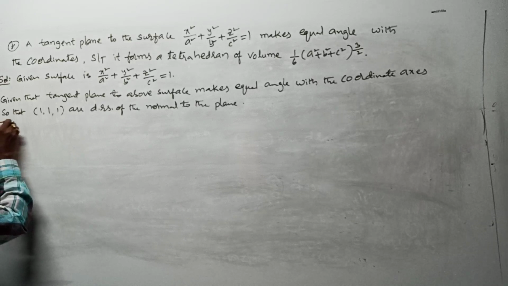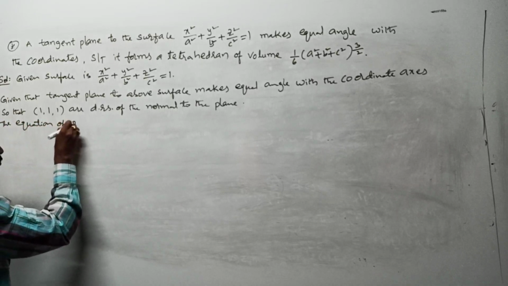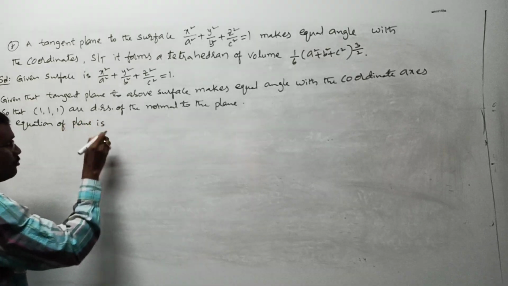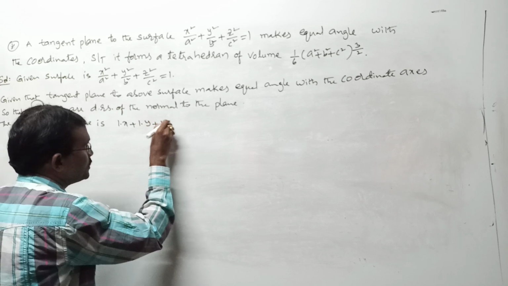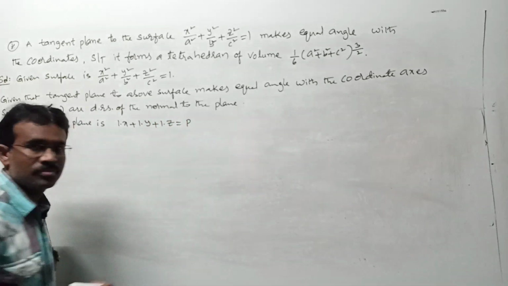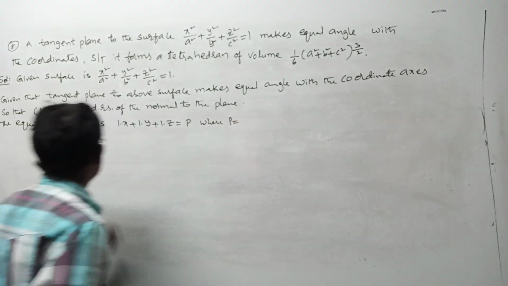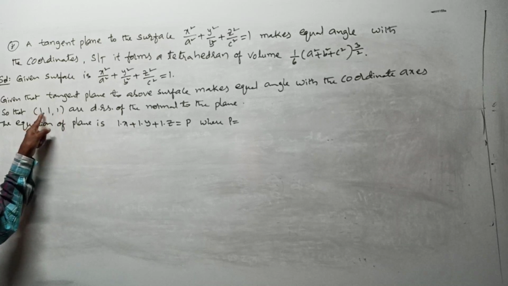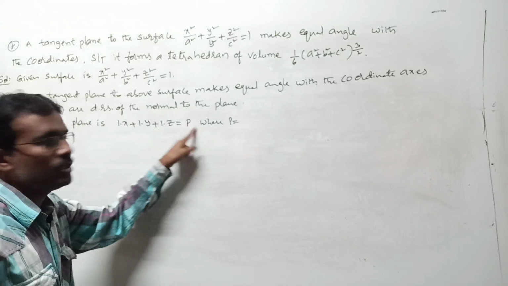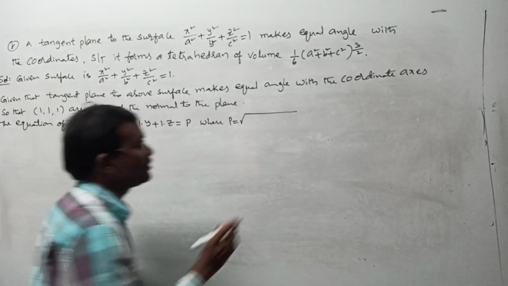The equation of plane is one into x plus 1 into y plus 1 into z is equal to p. Basically, if a, b, c are direction ratios normal to the plane, the plane is ax plus by plus cz is equal to p. Here, what is p?